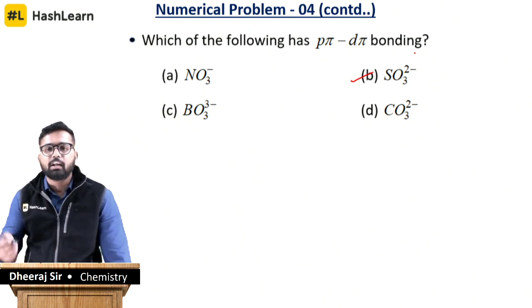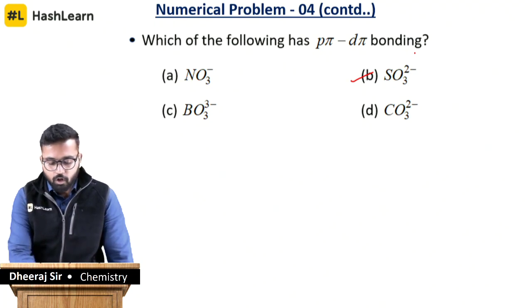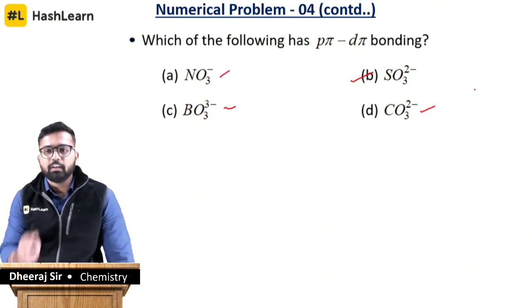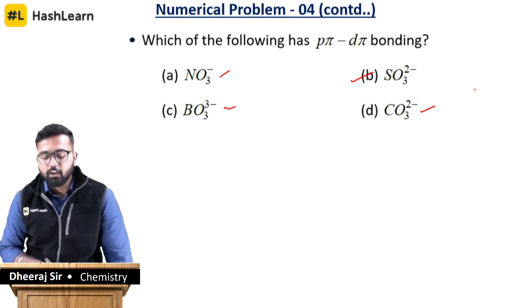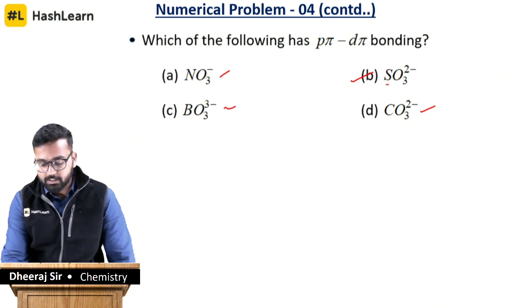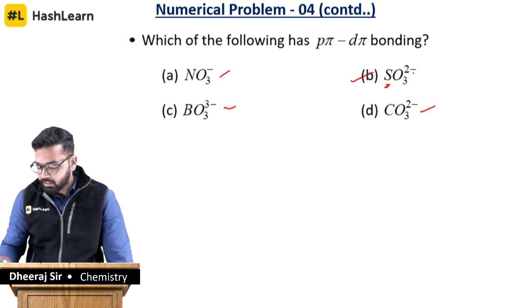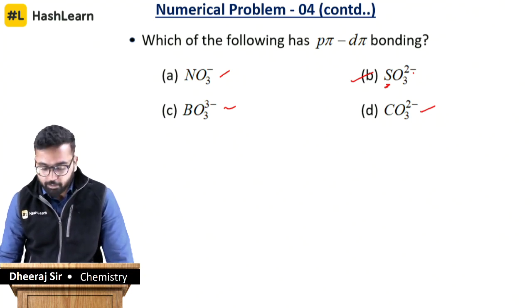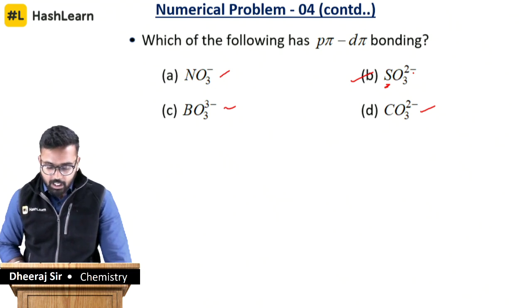D orbitals start coming into the picture only from the third row of elements, and nitrogen, oxygen, boron, carbon are all second row elements. So there's definitely no scope for d orbitals, and they come into the picture only for sulfur, since it's a third row element. So outrightly I'll be able to tell this is the answer. These are the kind of questions wherein you can save a lot of time, because you don't have to go back and recall all of that. You can instantaneously answer this.